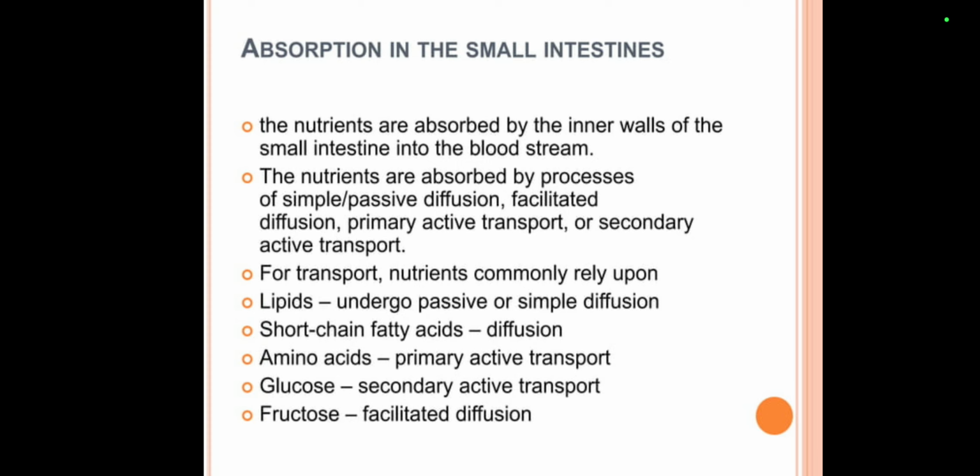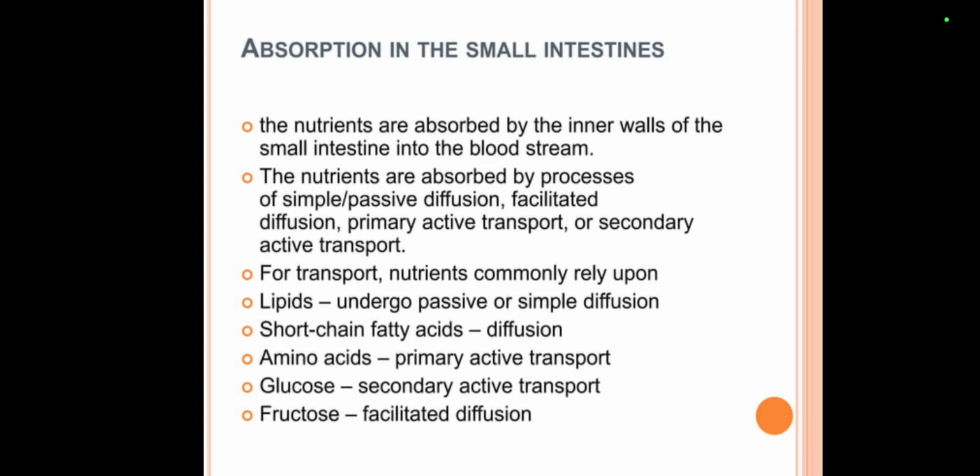Now we have secondary active transport. It is usually defined as the transport of solute in the direction of increasing chemical potential. Solute is a part of a solution, because in a solution we have solute and solvent.